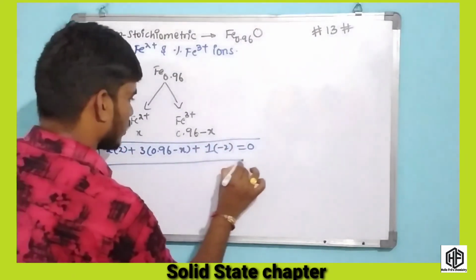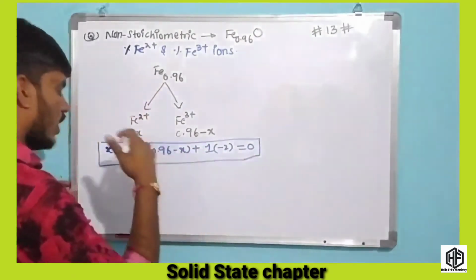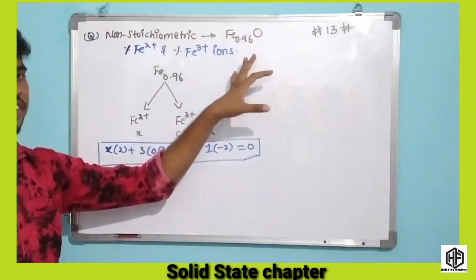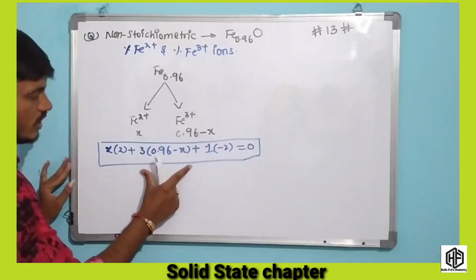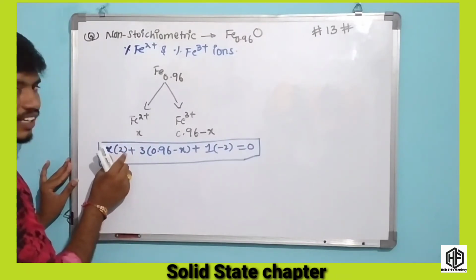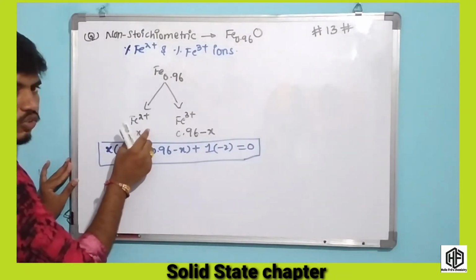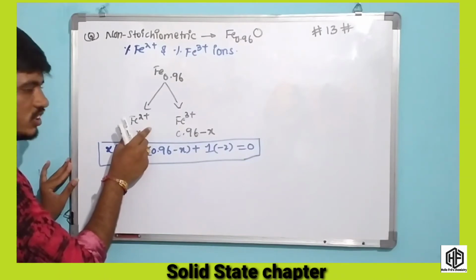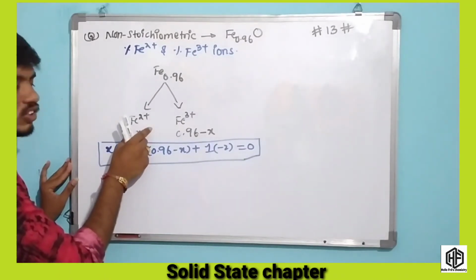Now we have to understand this concept, friends. For any non-stoichiometric compound given in a question, first of all you have to write the variable oxidation states and the charges of the particular ions.